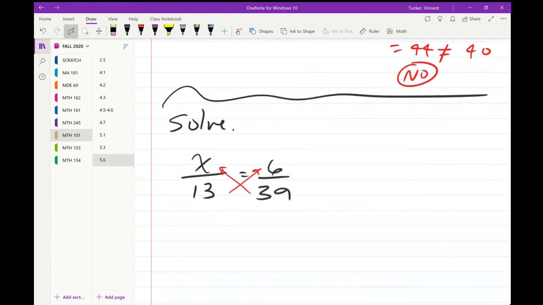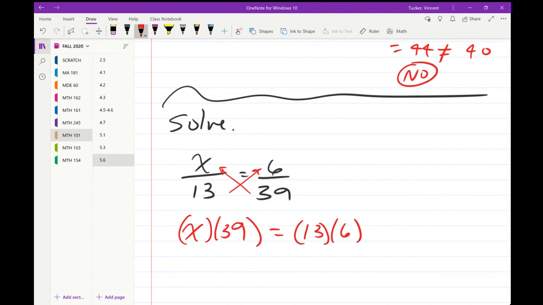cross multiply. On the left, we have x times 39. Now we know these are equal. They're not asking us if these are equal, they're asking us to solve. So we want to know what's the piece that will fit in for x that will make the proportions equal or make the ratios equal. So once again, cross multiplying x times 39, 13 times 6.